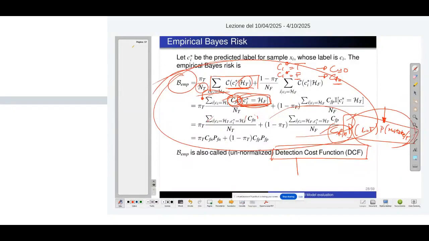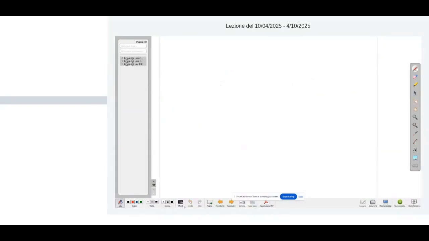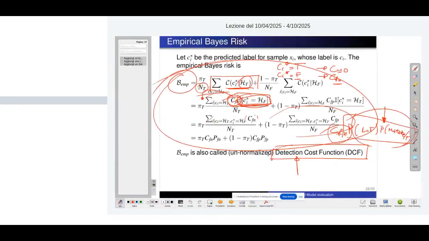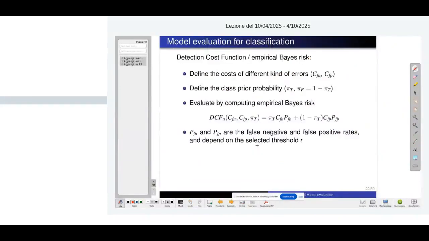Do I pass my verification step or not? So I will call it detection cost function. That is nothing else than empirical Bayes risk as defined for a binary problem where we have zero cost for correct classification and these two costs for false positive and false negative errors, which are also assumed to be positive costs or equal to zero.